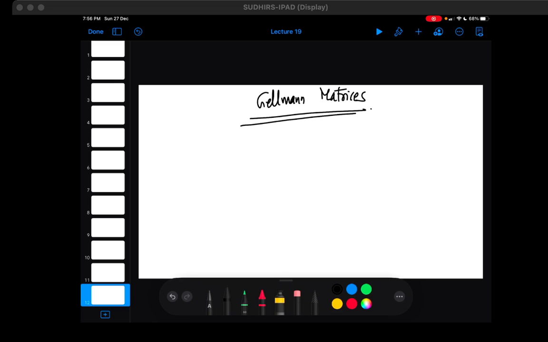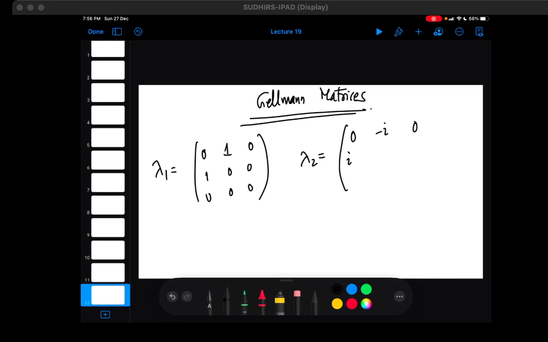The Gell-Mann matrices are the following. Lambda 1 is equal to 0, 1, 0, 1, 0, 0, 0, 0, 0. Lambda 2 is equal to 0, minus i, 0, i, 0, 0, 0, 0, 0.